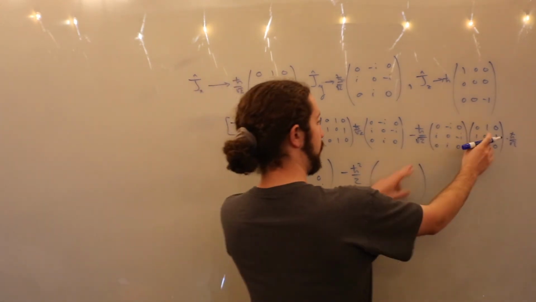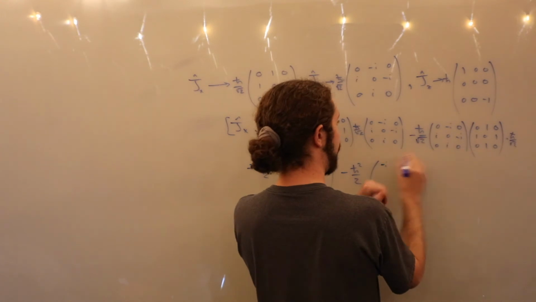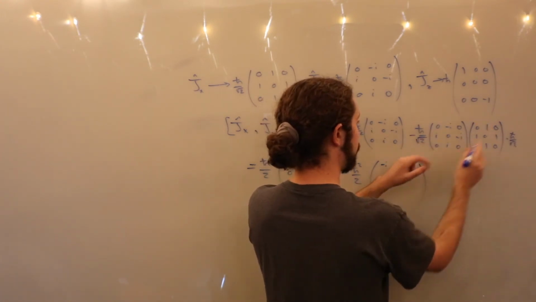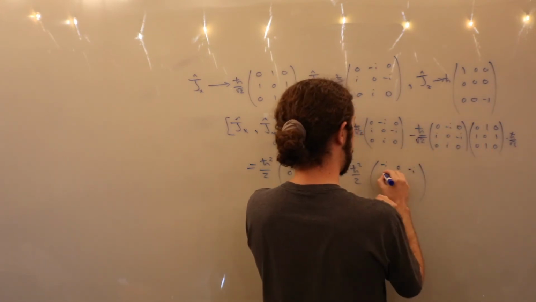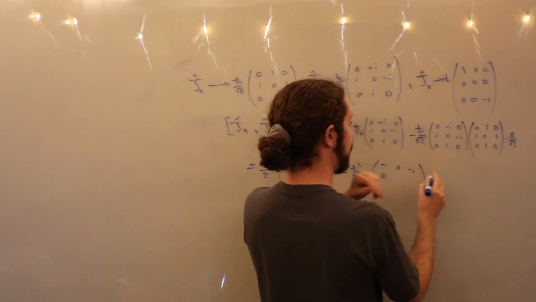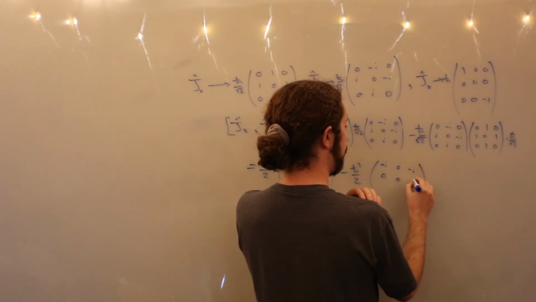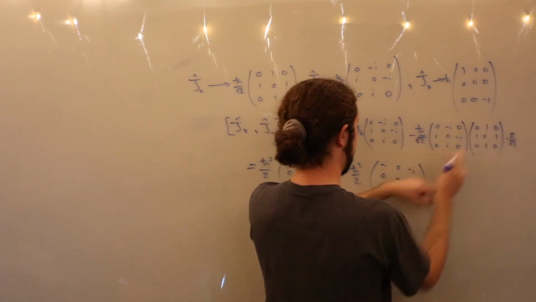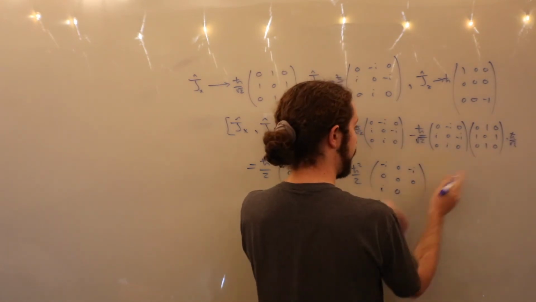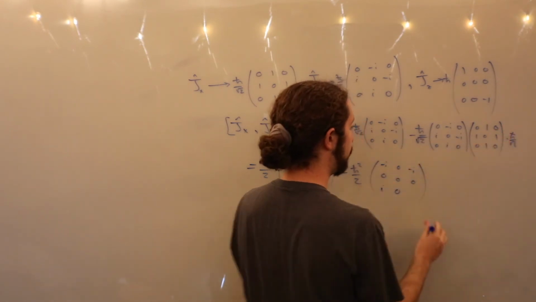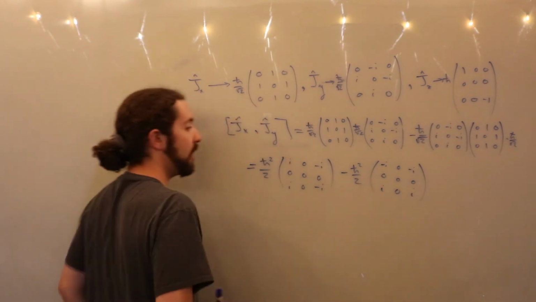Now for our second product, we're going to have negative i, 0, negative i, 0, i minus i is 0, then 0 again, then we're going to have i, then we're going to have 0, and lastly we're going to have an entry of just positive i.